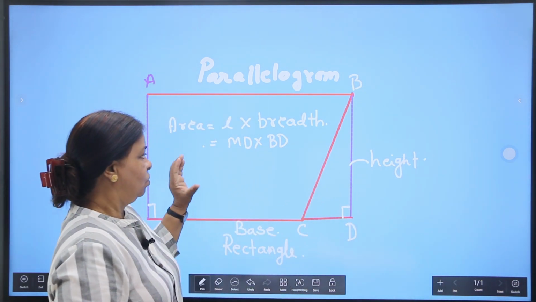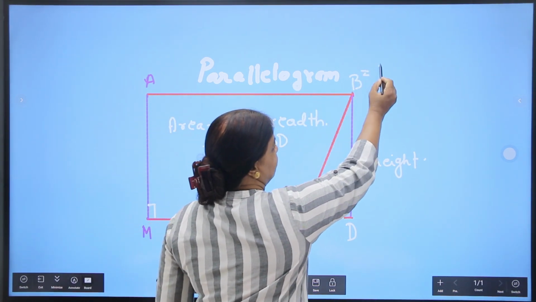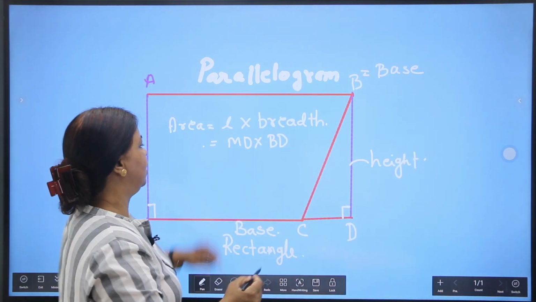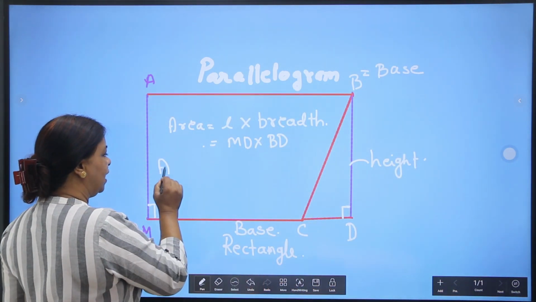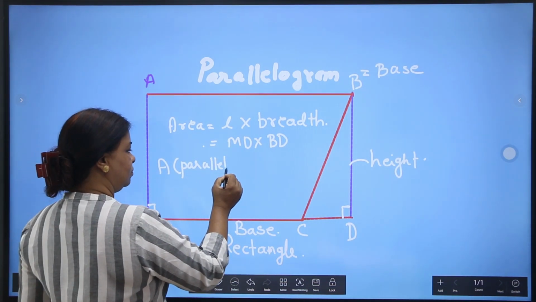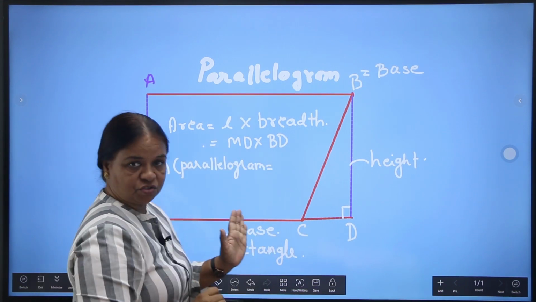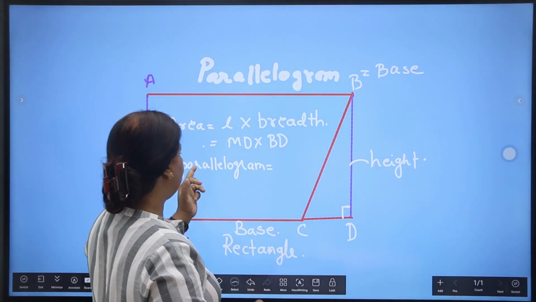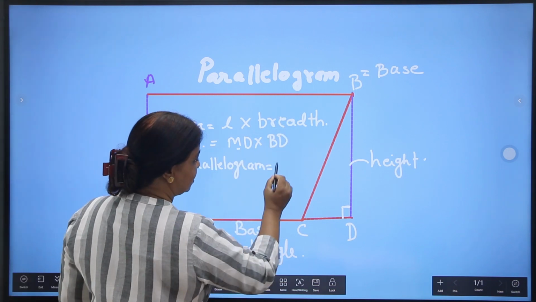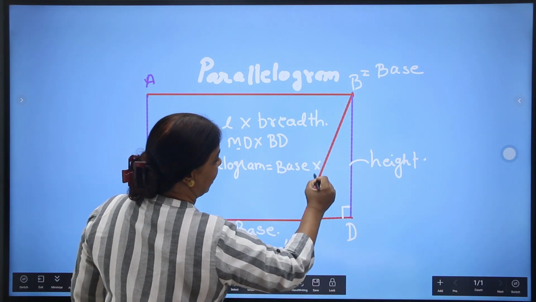So what conclusion do we come to? That area of the parallelogram is nothing but base into height. This is base only, no? If I want to write down the area of the parallelogram, the figure which was there with us earlier, then MD is nothing but base and BD is nothing but height.